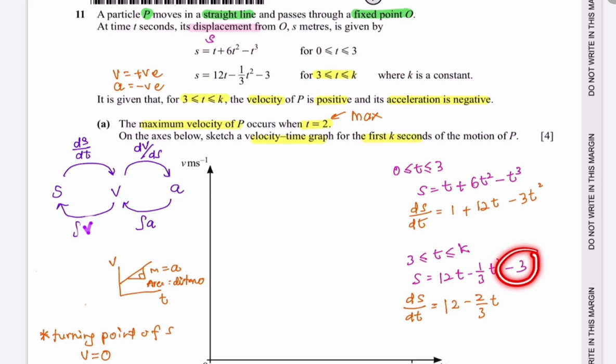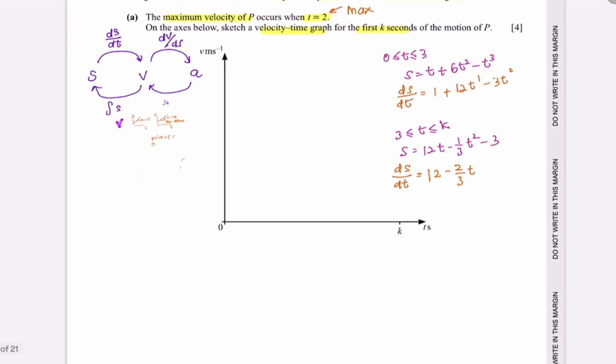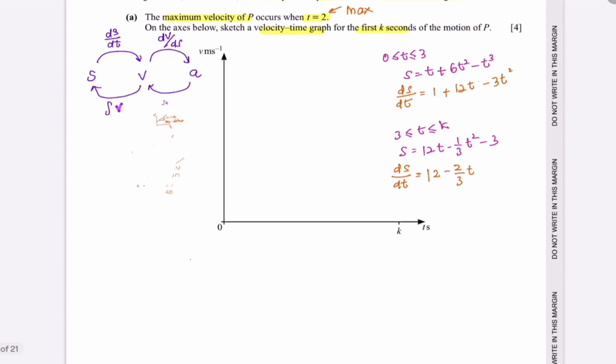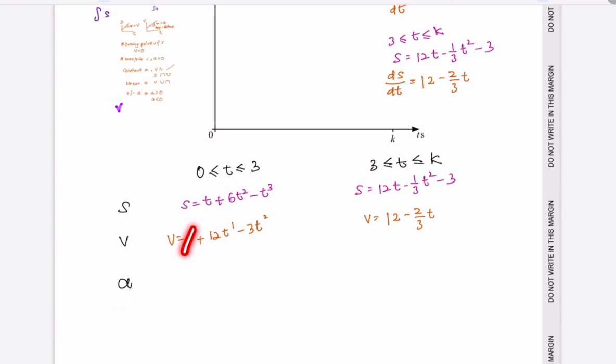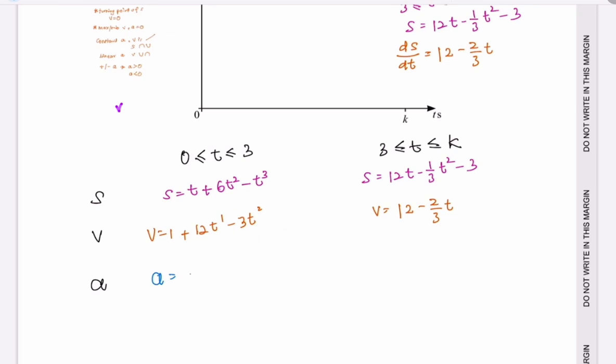Any constant will be equal to 0. Now let's divide this into displacement, velocity, and acceleration. For acceleration, the first part is 12 minus 6t. And for this part, our acceleration will be just negative 2 over 3.